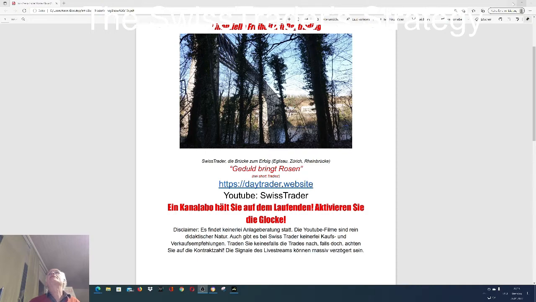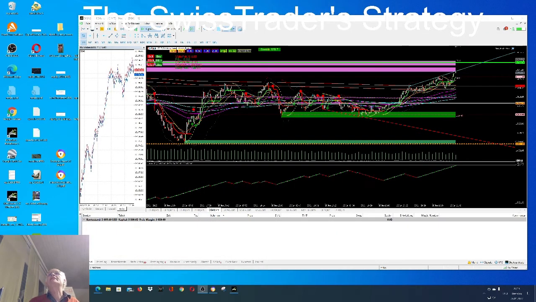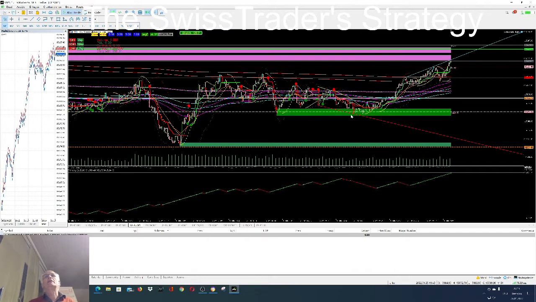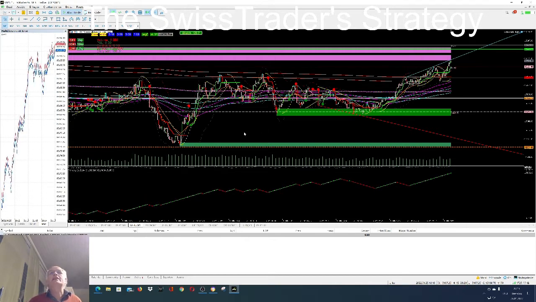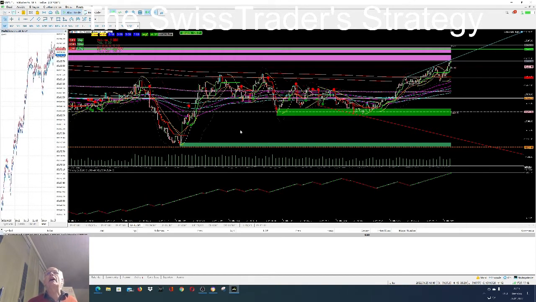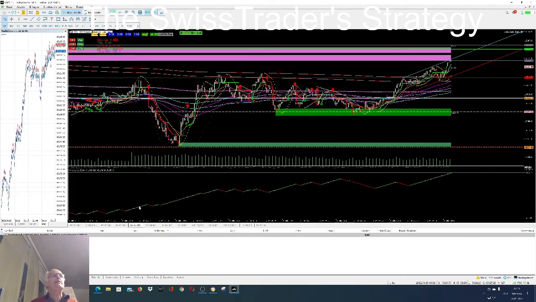Now, here, this is a chart, a 1 minute chart, where I use indicators, and I tell you which indicators I use. This is the Renko Chart.